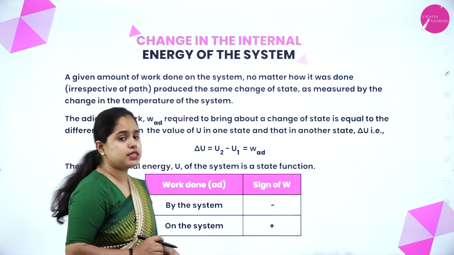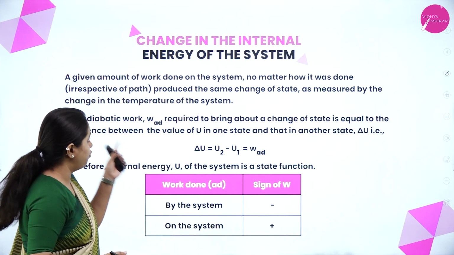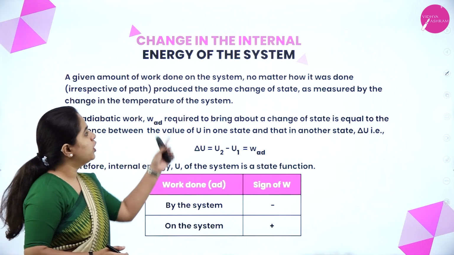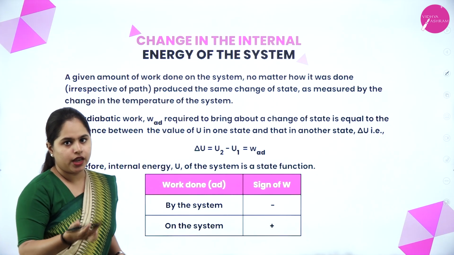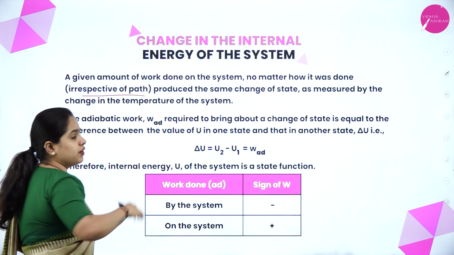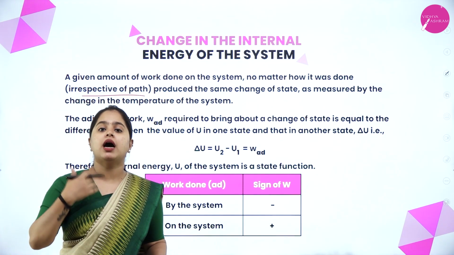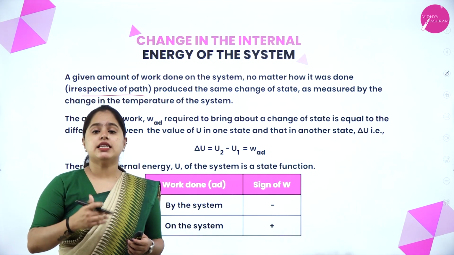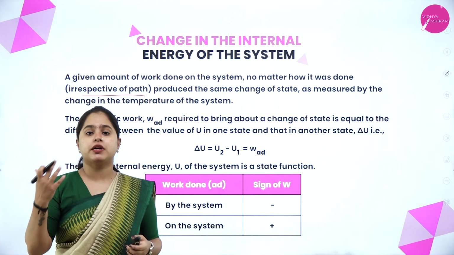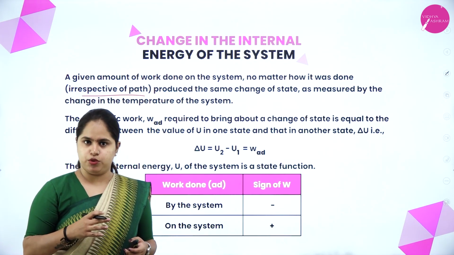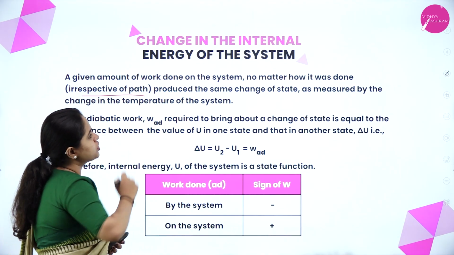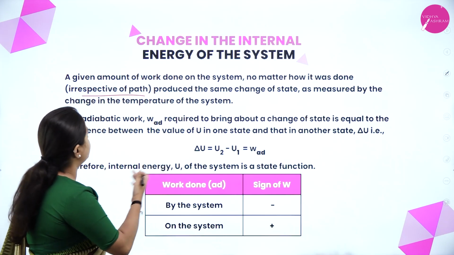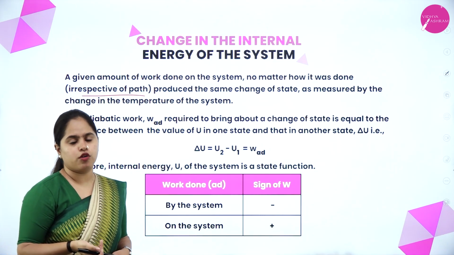Now, what you have to understand is that a given amount of work done on the system, no matter how it was done, whether I give mechanical work or electrical work, irrespective of the path, produces the same change of state as measured by the change in temperature of the system.